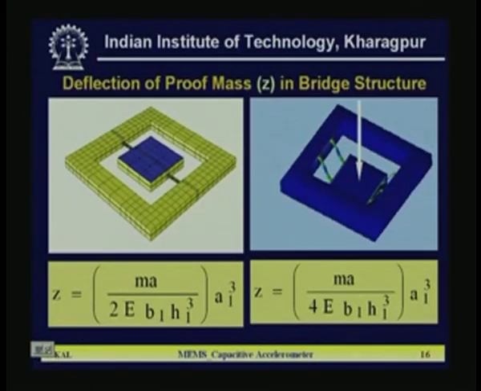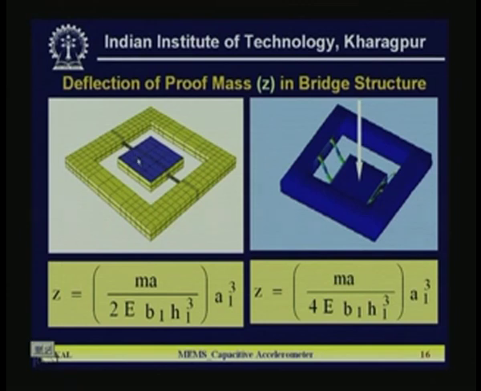Now, the deflection of the proof mass in the case of a bridge structure. A bridge structure is basically a seismic mass held between two flexures. The flexures which connect the seismic mass with the frame are not always at the top surface or the bottom surface. The diagram shows it at the central position.